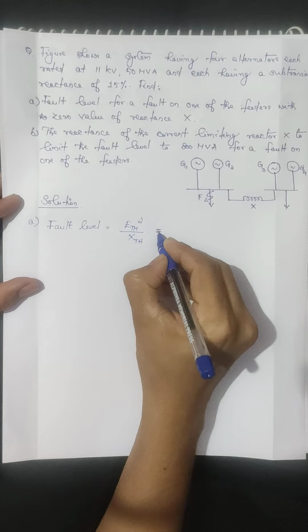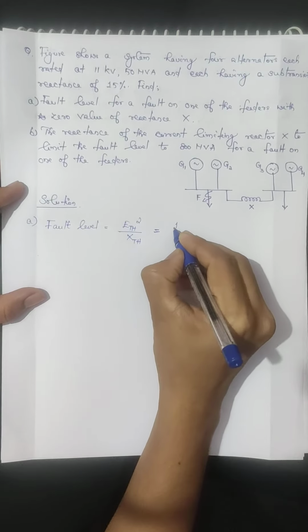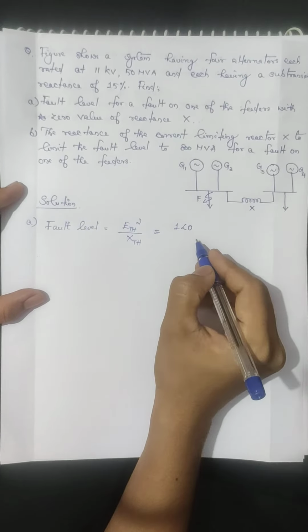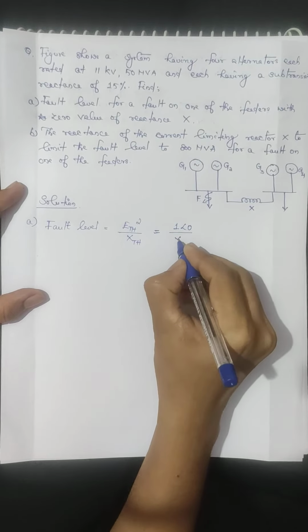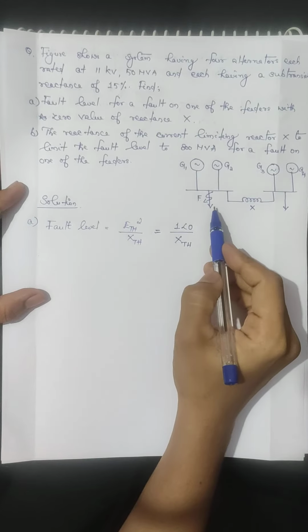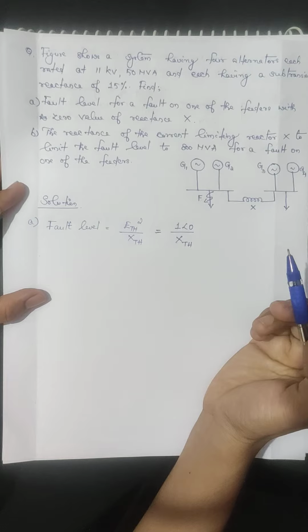Unless otherwise specified, we can take the value of ETH as 1 angle 0. ETH square will also be 1 angle 0, divided by XTH. XTH is the Thevenin equivalent reactance of the system as seen from the fault point.